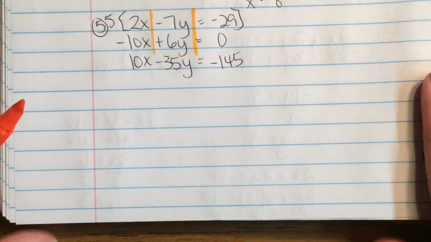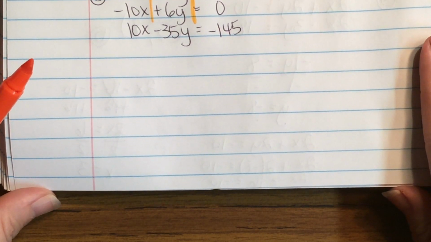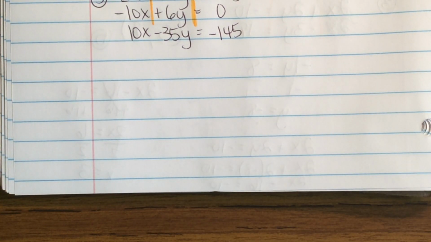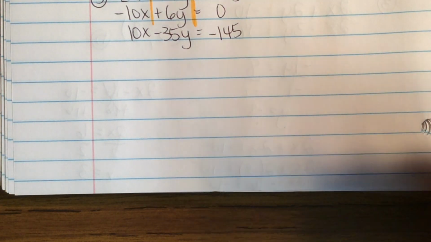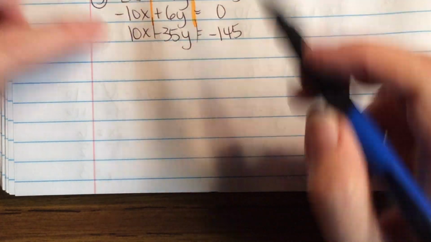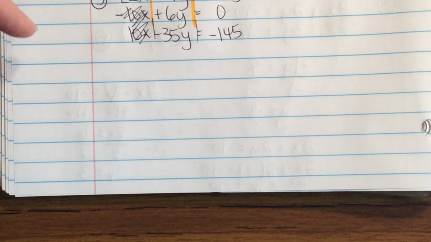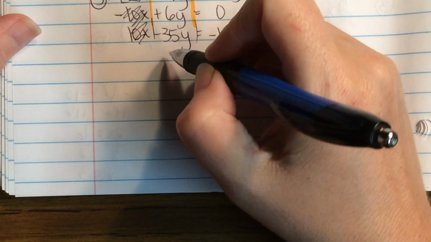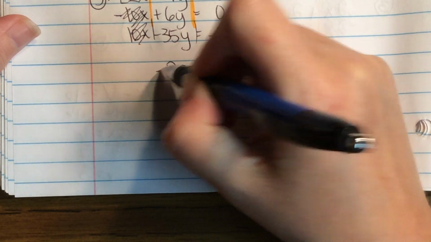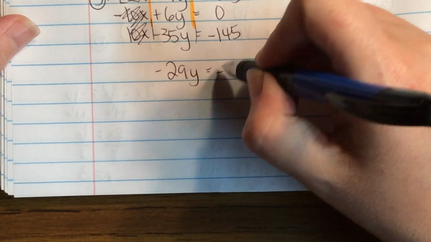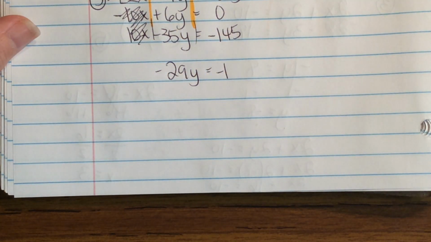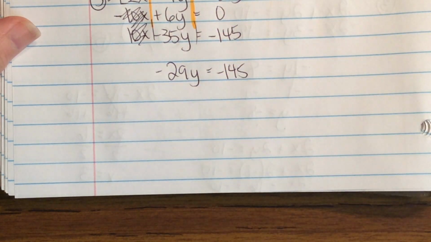Alright, I'm going to scoot my paper up so that all we see is our new equations. When I add here, the 10x's will go away, which is why we did that. And 35 minus 6 is 29. So we get negative 29y equals negative 145.